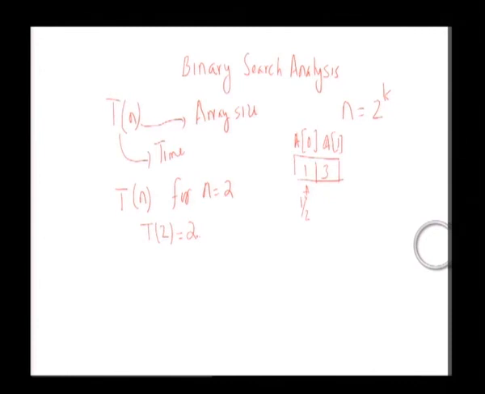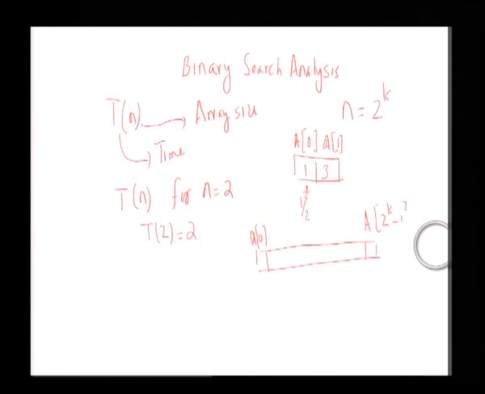So, let us consider the case when n is a power of 2 and let us look at the array indices. The array indices are a of 0 to a of 2 power k minus 1, and the value of the array index that is taken to be relevant is 2 power k minus 1, divided by 2.